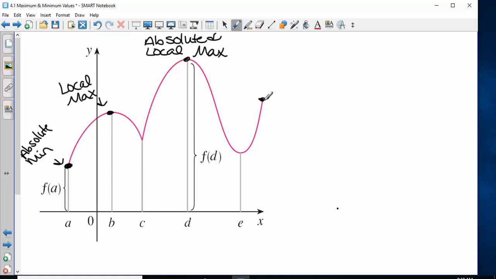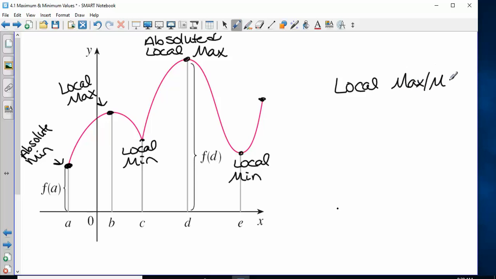This one right here, is it an absolute max? No. Can it be a local? No, because it doesn't have points on both sides, so that one's nothing. What would these points be right here? Local min. So local maxes and mins can't be endpoints, but absolutes can.